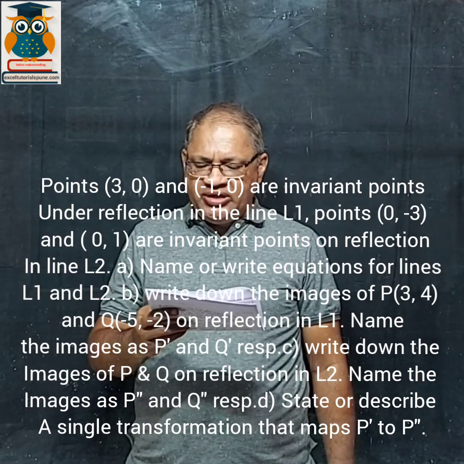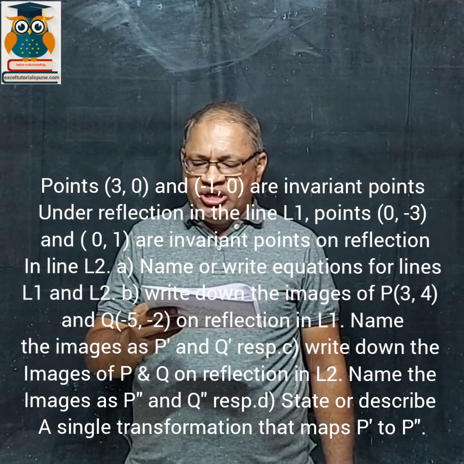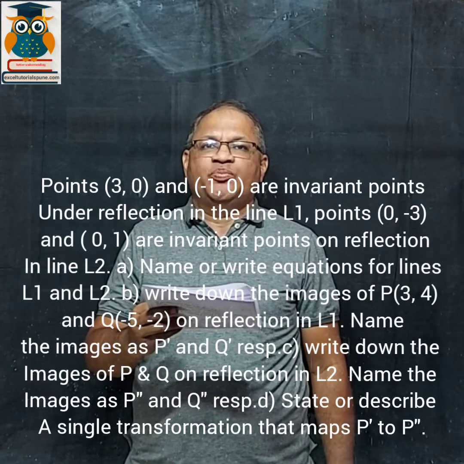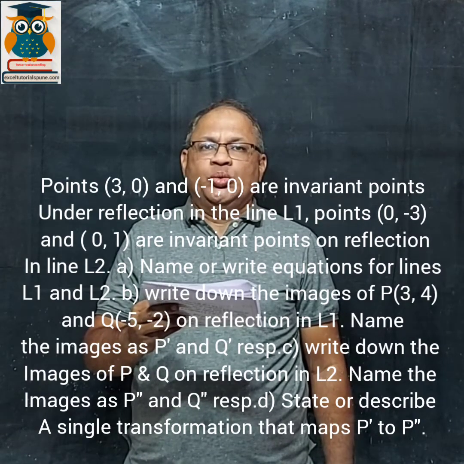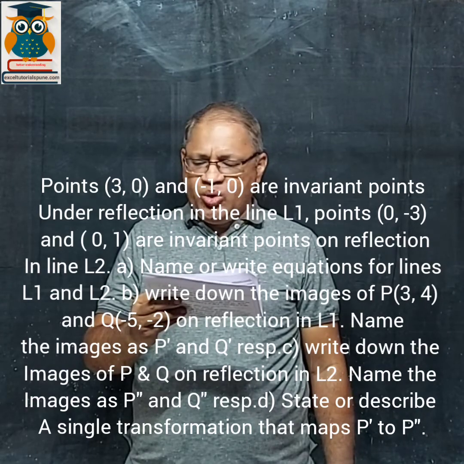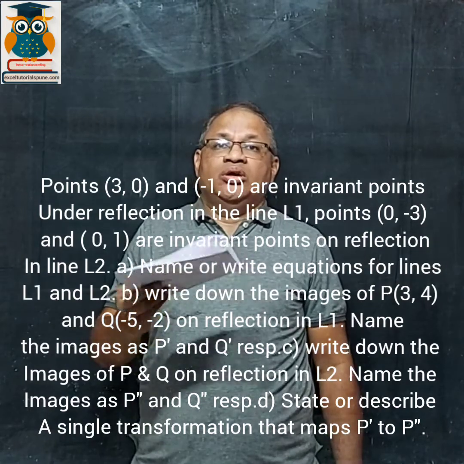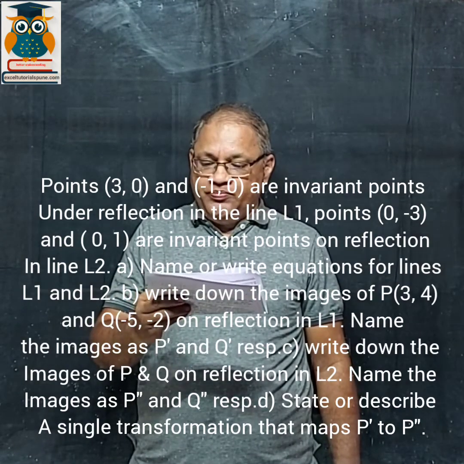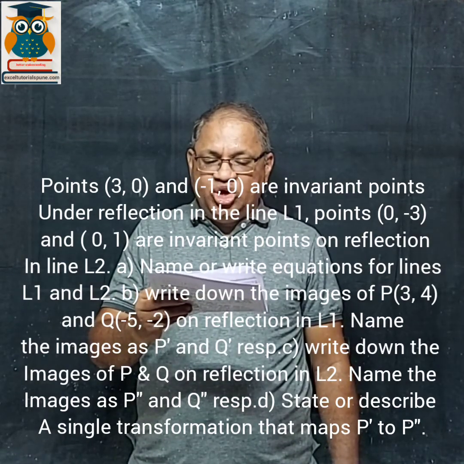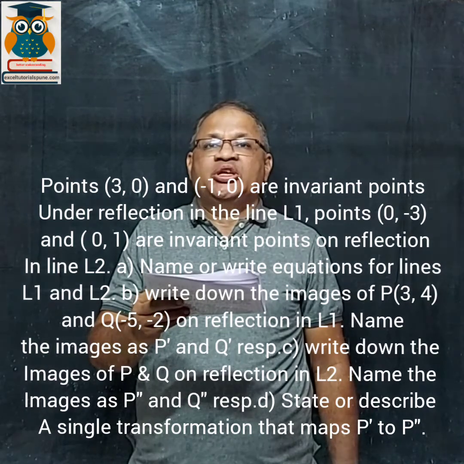Points 0, minus 3 and 0, 1 are invariant points on reflection in L2. Now these are another set of points on reflection in L2, and they are invariant points. Name or write the lines L1 and L2. Now you have to write the equations and name the reflection under which it undergoes. Write down the images of P(3, 4) and Q(minus 5, minus 2) on reflection in L1.